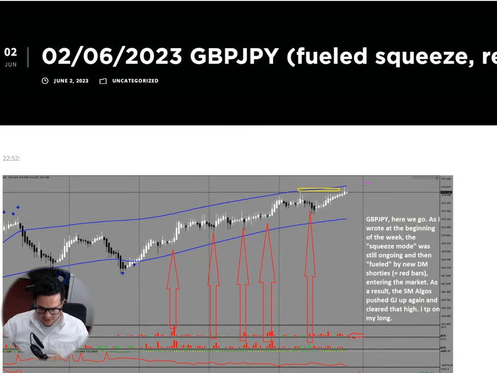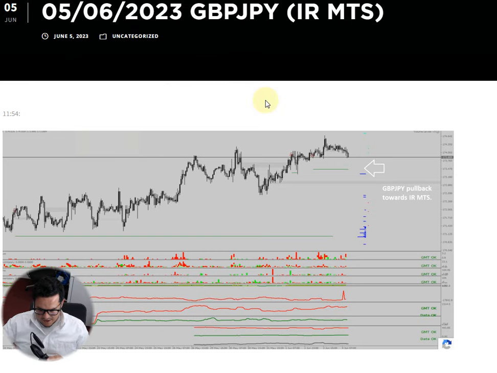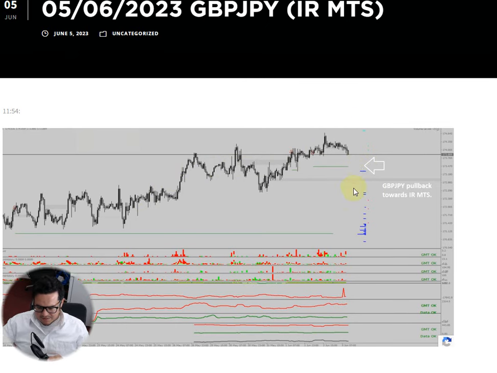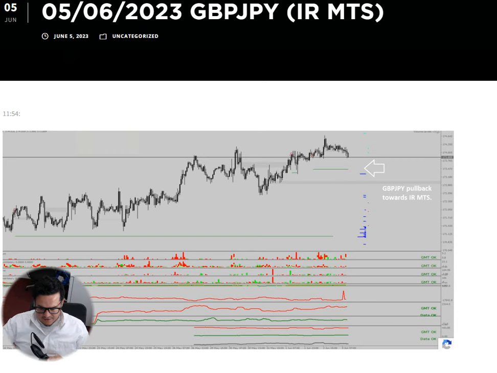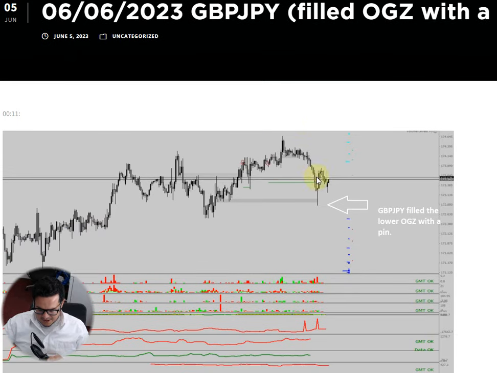Yeah, so that's the overall theme, and I know some of you have bought into the squeeze, which you can do. Then we had on the 5th this inner range MTS here at 11:54, which got taken nicely with a move. So nice scalp trade there, short trade towards this inner range target with a normal pullback.